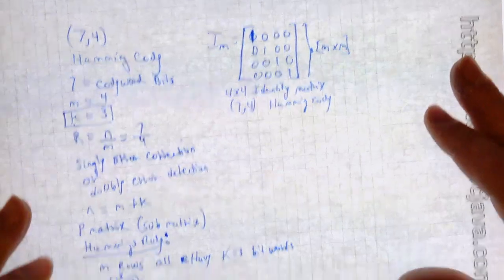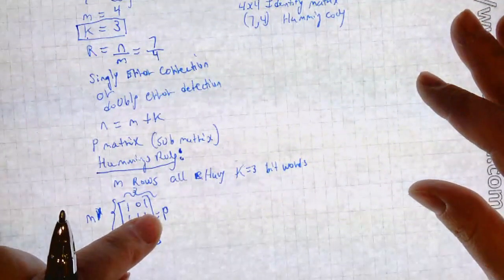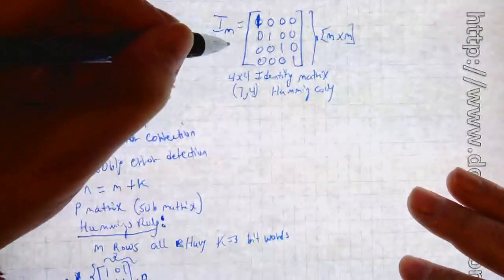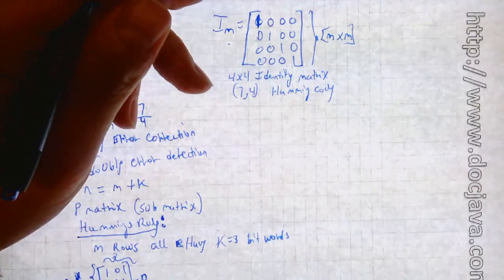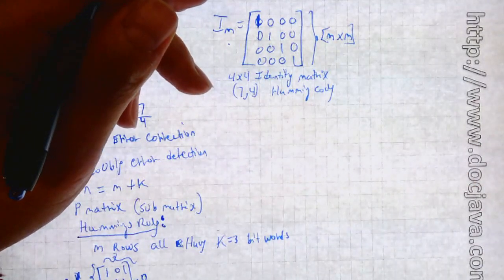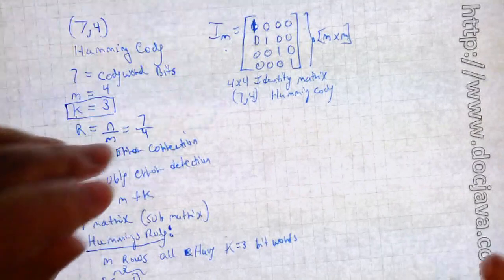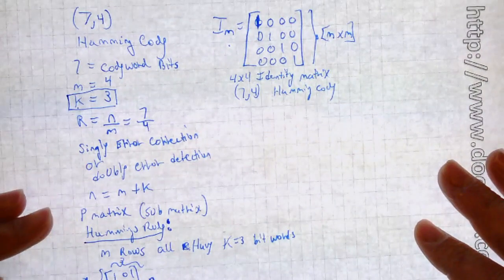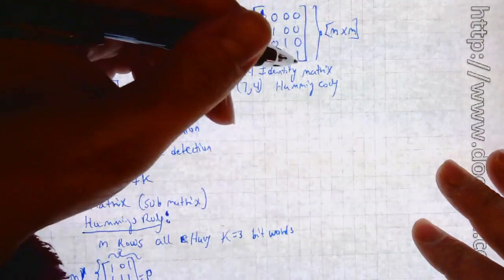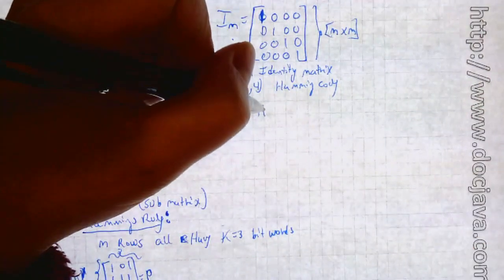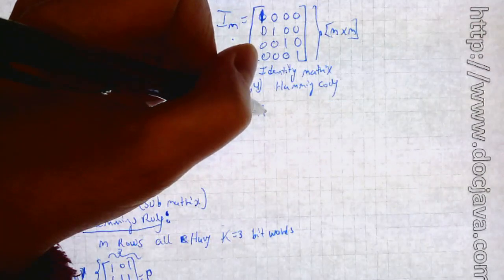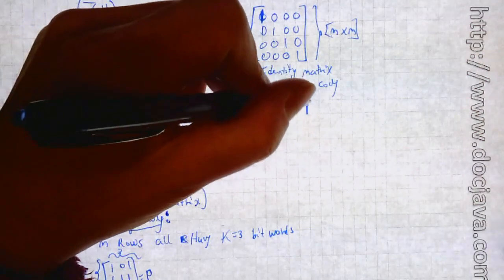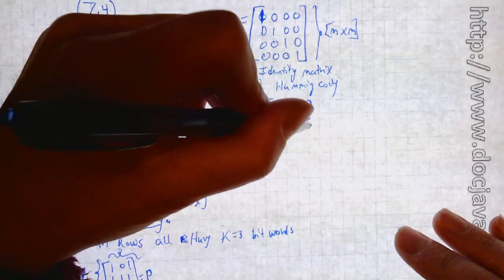So now we've set up a couple of matrices. We've got a P matrix, our parity matrix, and that's a submatrix. We've got our I sub M, our identity matrix. And what we want to do is create a new matrix, H sub T, which is equal to the parity matrix over an I sub K matrix.